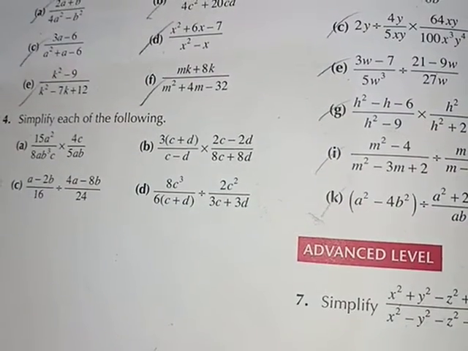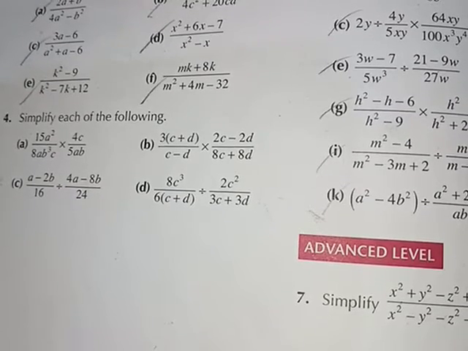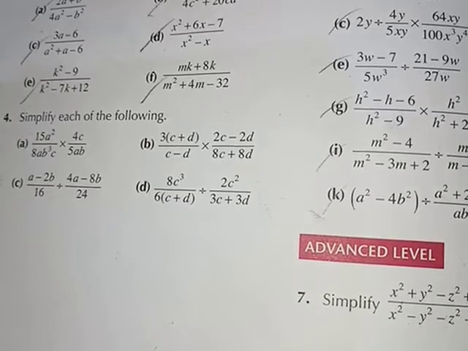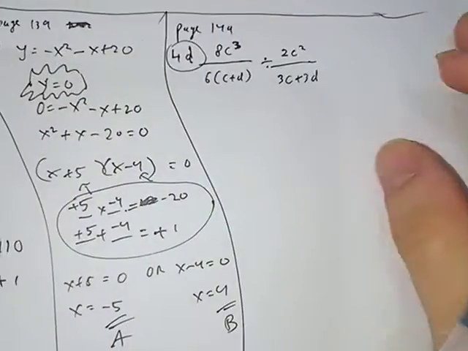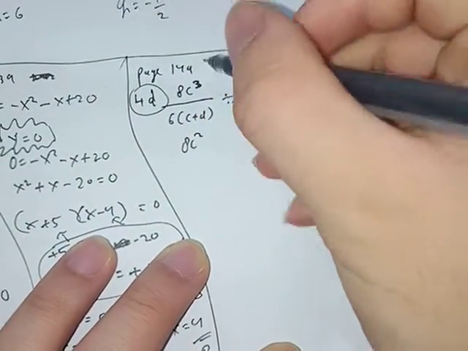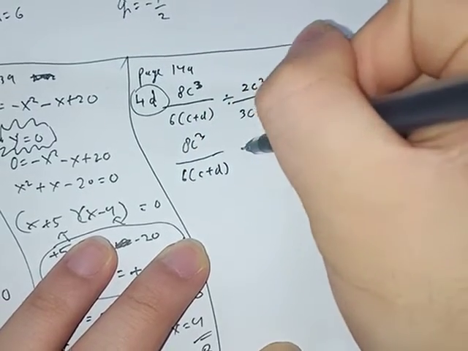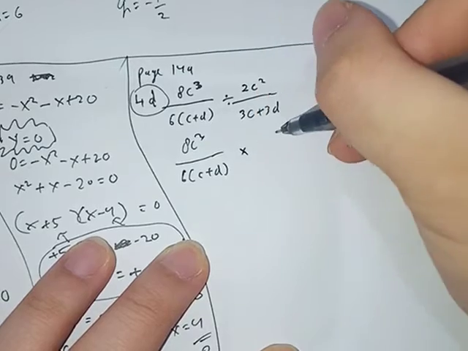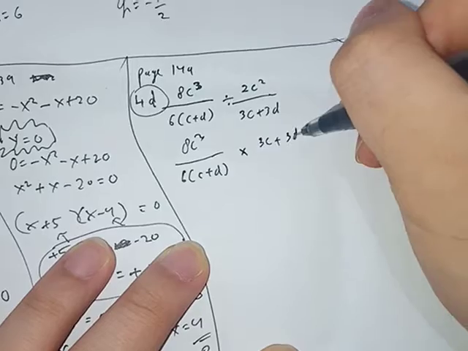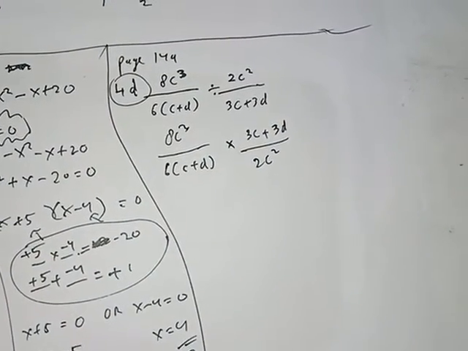I'll rewrite the question first. Okay, here it is. Now, if you see a fraction divided by a fraction, division, yeah. Firstly, what you need to do is change it to multiplication by flipping the right side. Yep, like this. The second fraction, the right side.